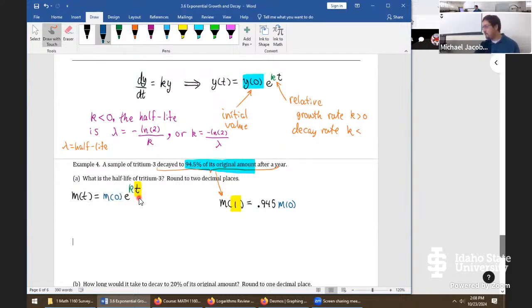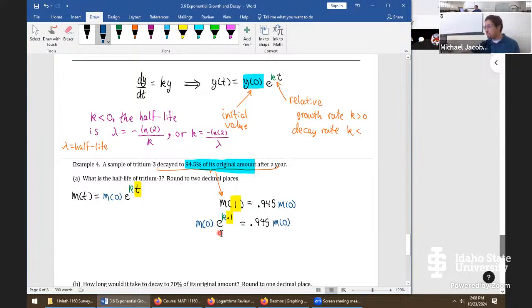So it becomes m at 0 times e to the power of k times 1. We should highlight that as well, just to show where all those things are connecting together. That is equal to 0.945 times the initial mass, m at 0.